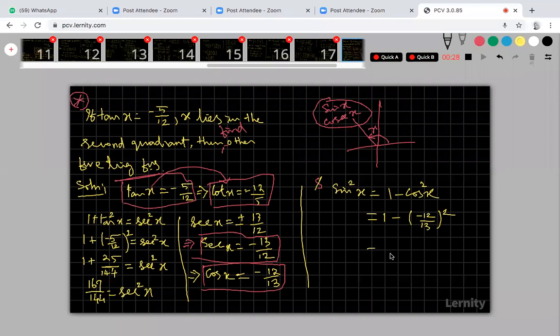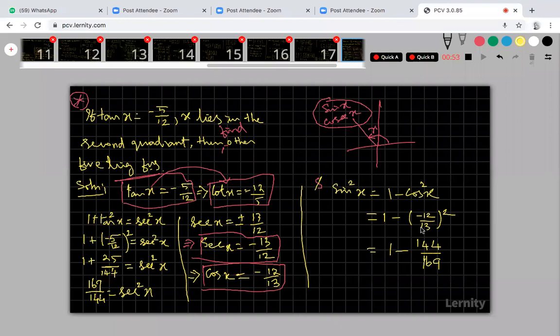So this is 1 minus 144 by 169. Your minus becomes plus. This is 169, because 12 square by 13 square, right?